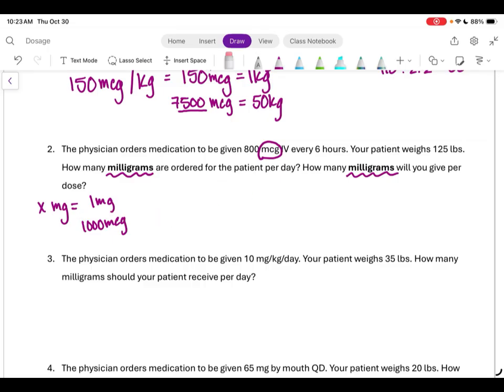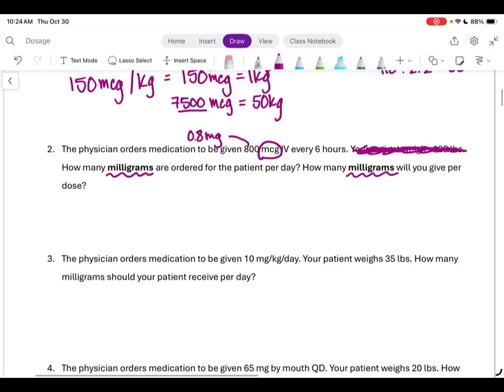So I know that this is 0.8 milligrams. Okay? Now let's do the weight real quick. Actually, we don't even need the weight because nothing here is weight-based. So you can just ignore this. Okay?